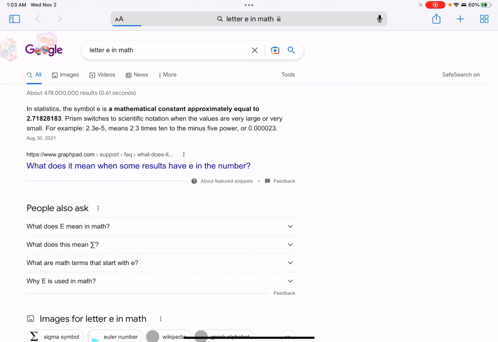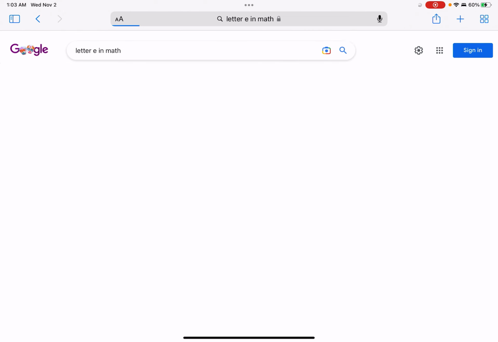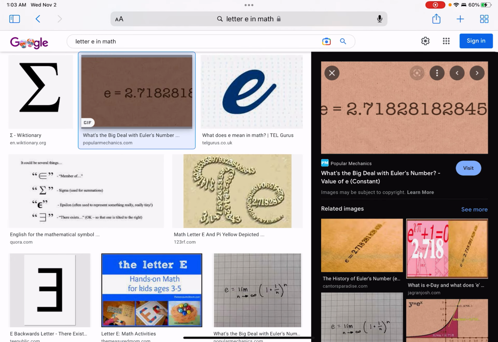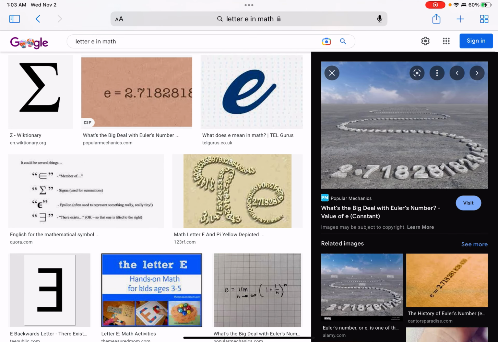Okay, so the letter E in math is approximately equal to 2.7182183. So it's just like pi. You know, pi is 3.14. So E is just a really long decimal. But it's just 2.71, and you can see it goes on forever and ever.